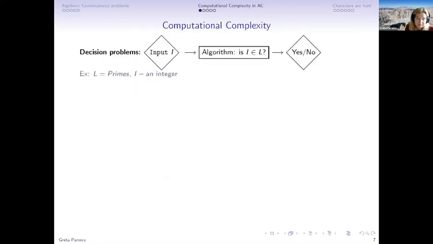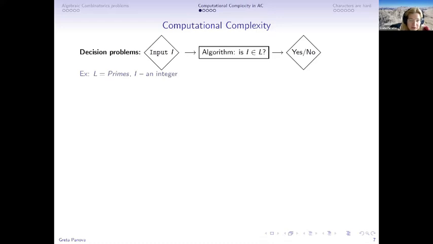So what is the idea? First, there are some basic computational complexity classes that I will try to remind you. If we're looking at decision problems, we have input, which is encoded as a bit string, zeros and ones, maybe, or just ones, just how many ones is just an integer.